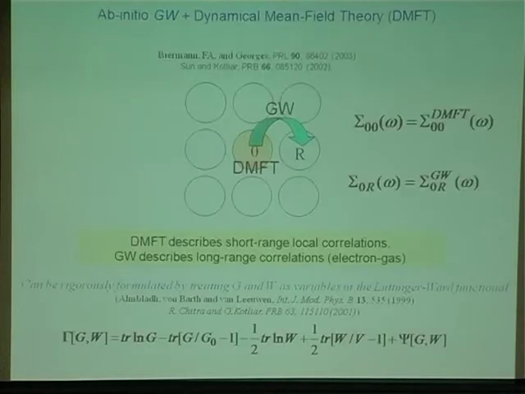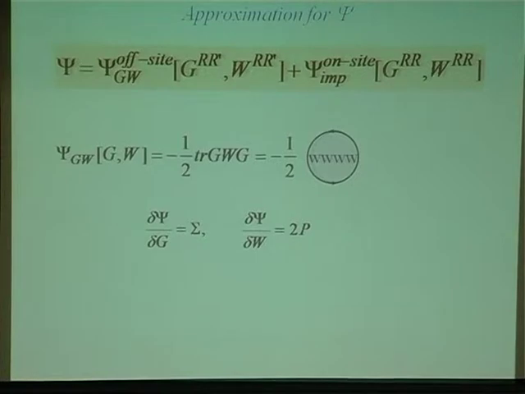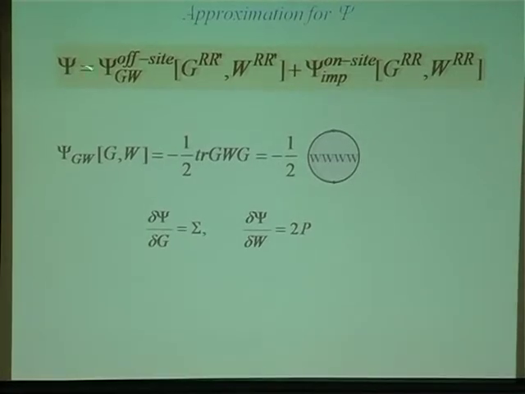The main quantity that we would like to approximate is this functional here, the psi, usually called the psi functional in this scheme. That corresponds to the phi functional in the original Luttinger-Ward functional. What we do here is split this functional psi into two components, off-site and the impurity, the on-site.